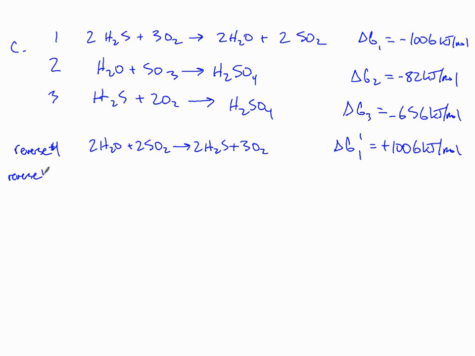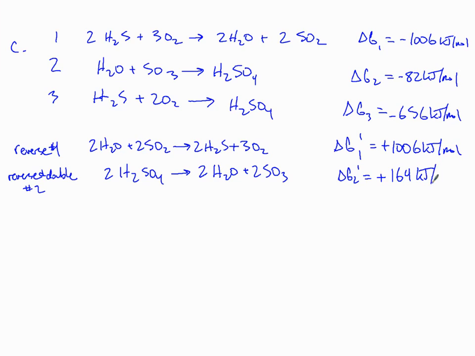Number 2, we're going to reverse it and we're going to double it. So we change the sign and we multiply the delta G by 2 because we doubled everything.